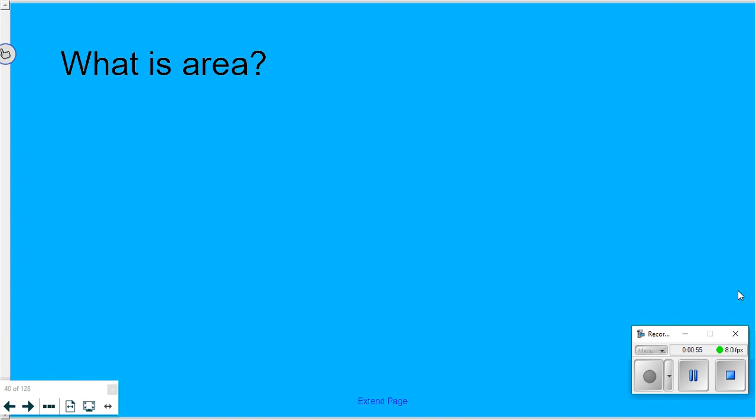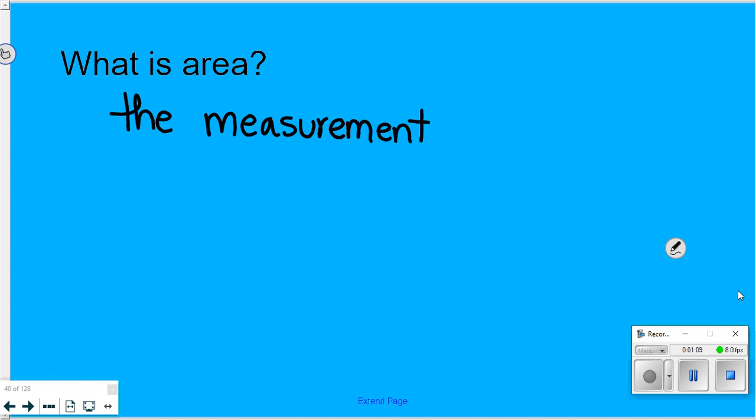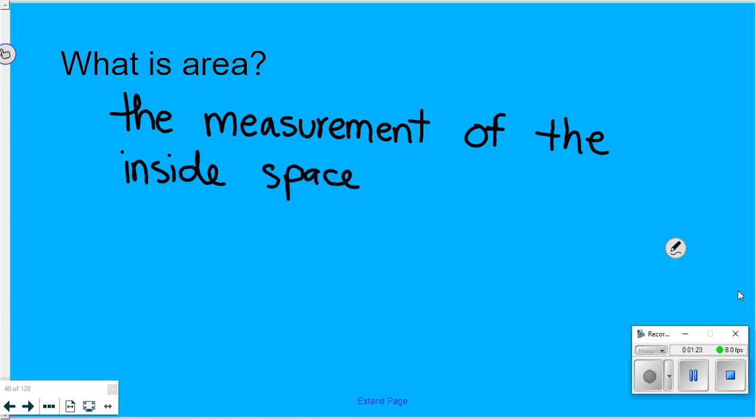Beautiful. Fantastic definition. We're going to write it down. If I'm writing, you're writing. Area is the measurement of the inside space of a 2D shape.